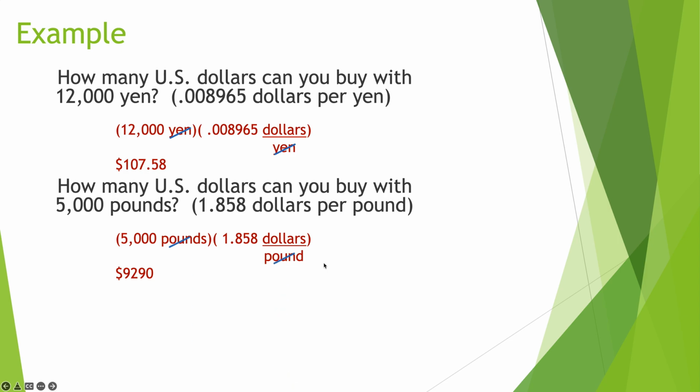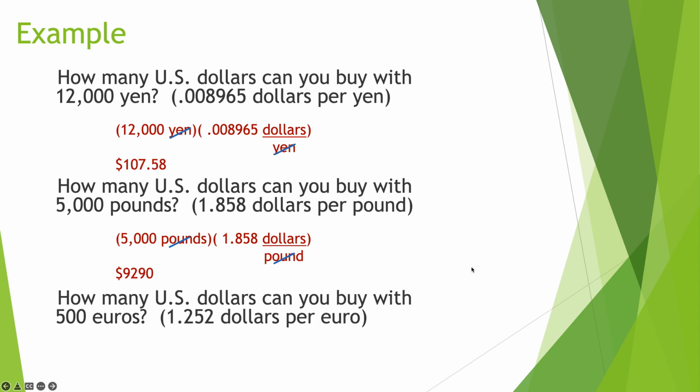I cancel out the pounds. 5,000 times 1.858 is $9,290. So again, it's exactly the same as working with units of measurement, except now it's units of currency. Units are just units.